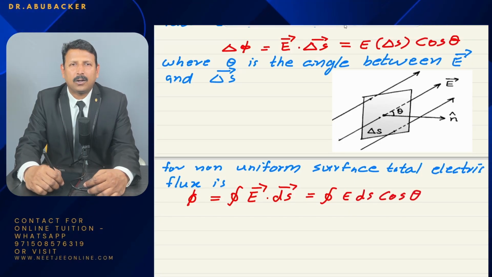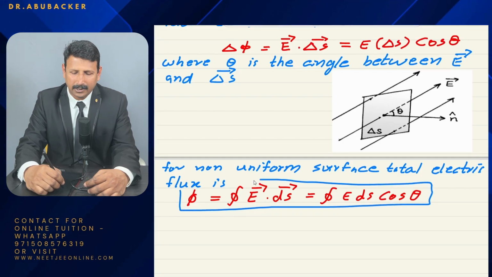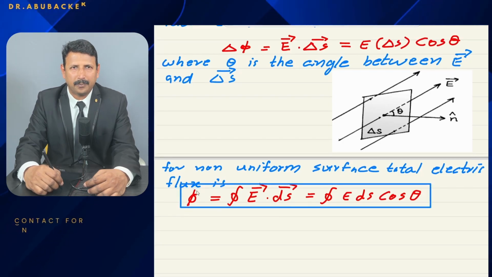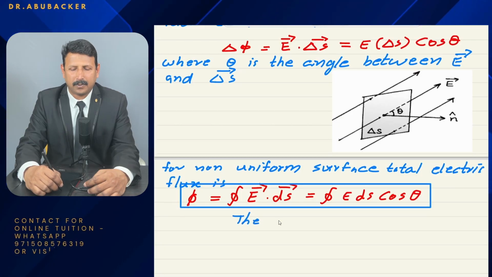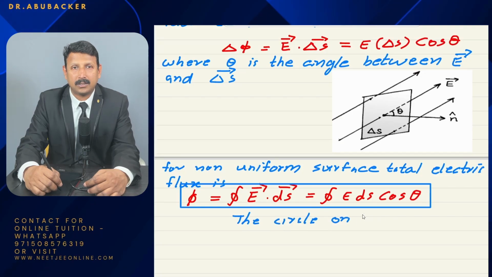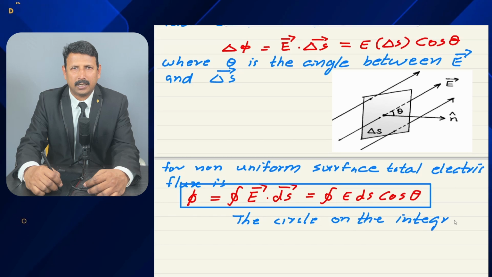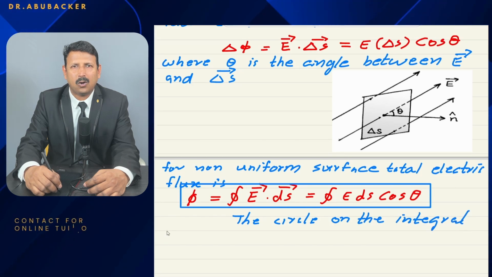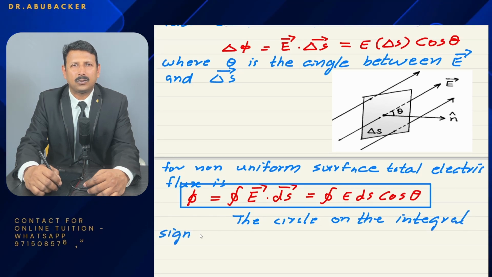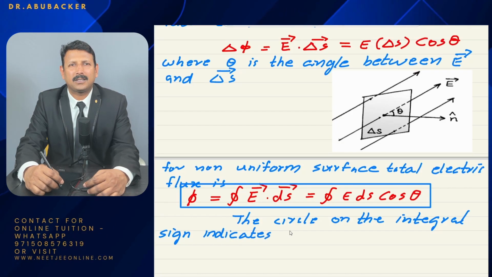But for a non-uniform surface, the total electric flux is phi equals the closed integral of vector E dot dS, which equals the closed integral of E dS cos theta. This is used for a non-uniform surface, and the first equation is used for a uniform surface.